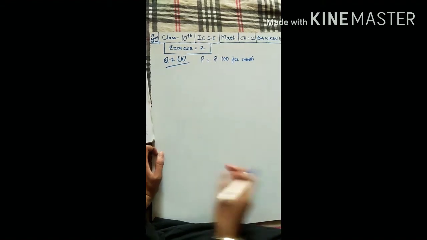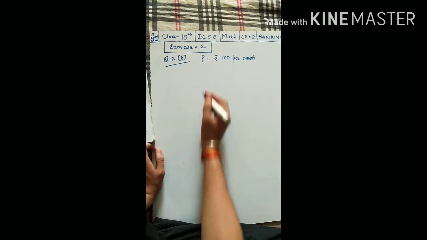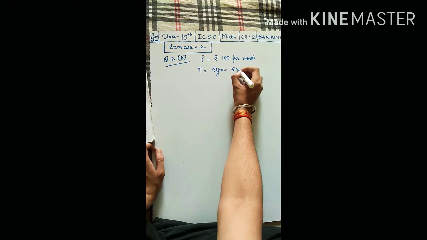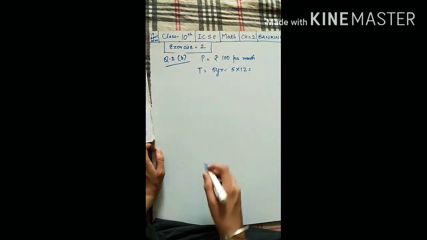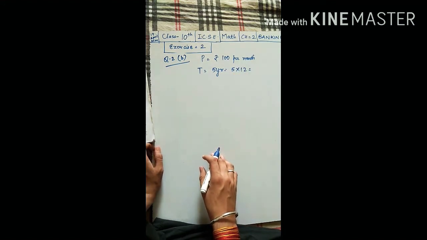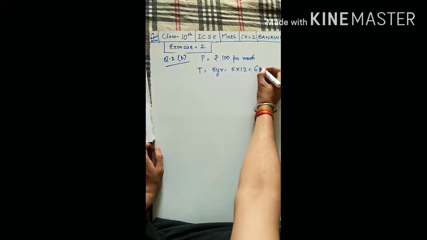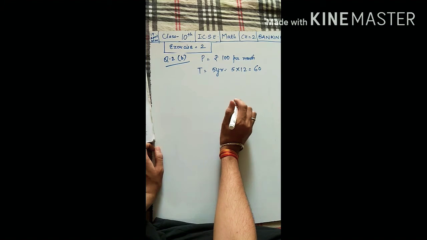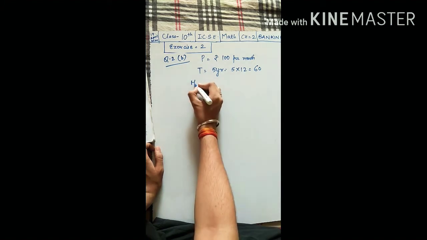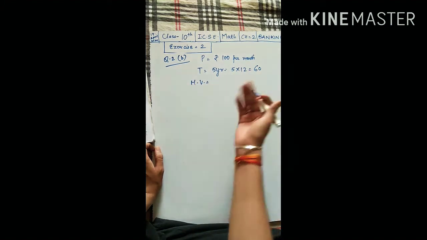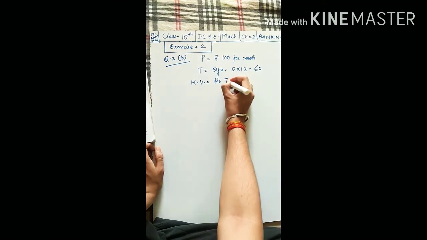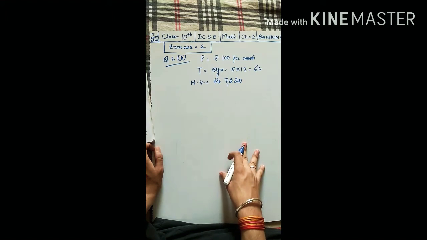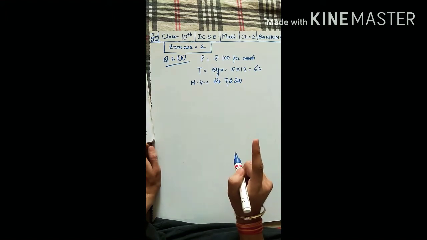Second, time is 5 years, so 5 into 12, that is 60 months. The rate we have to find. Maturity value is given to us, that after 5 years she'll get rupees 7,220. Now we have to find the rate of interest first.